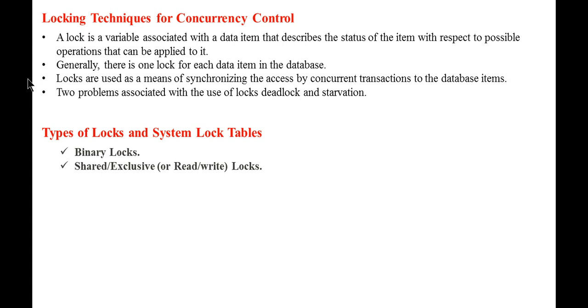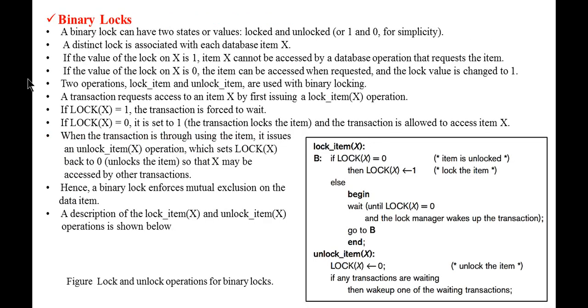In the binary locking scheme, as the name suggests, there are two values for the lock variable, either 0 or 1.